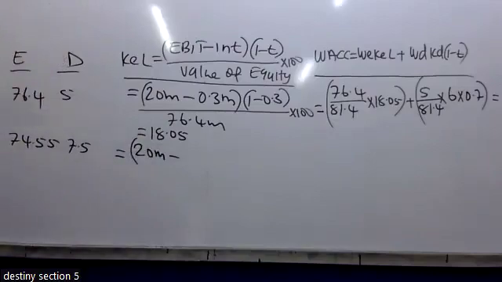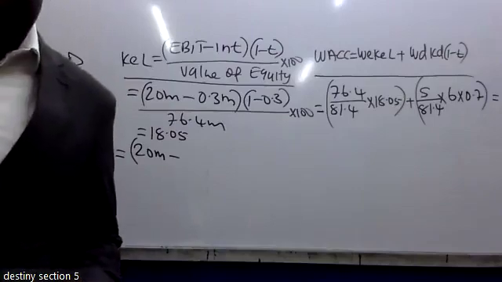So interest for the third one, it will be 10% of the 7.5 million. You get 10% of the 7.5 million. 0.75 million.